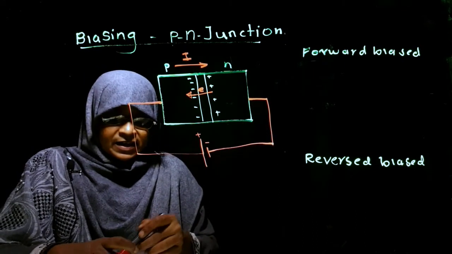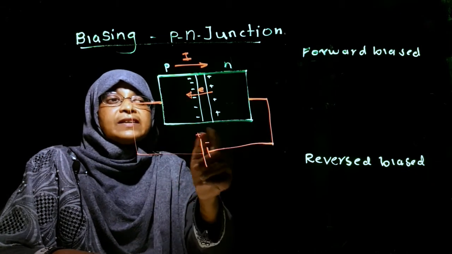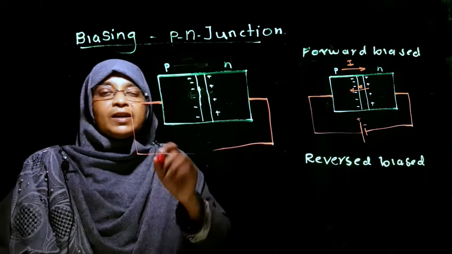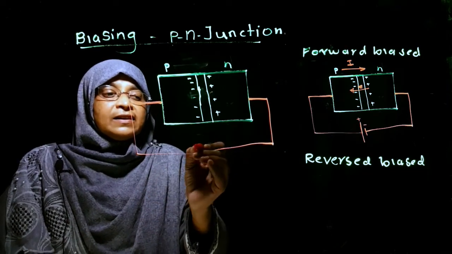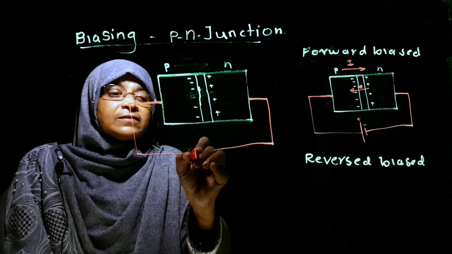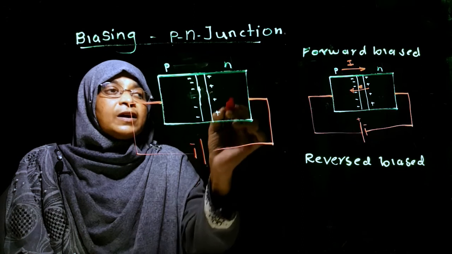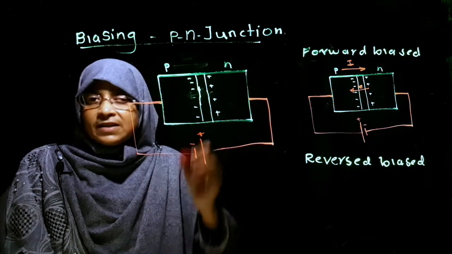Now let's see what happens when this cell is connected the opposite way. Now I am going to connect the cell with the negative side to the P side and the positive side to the N side.